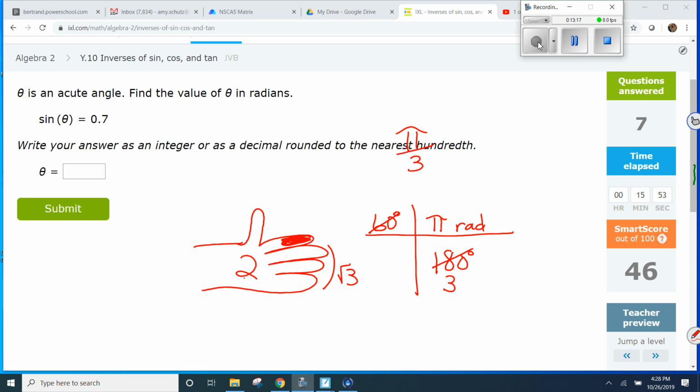Okay, looking at this one, I was just going to skip over these because I thought you don't get your calculator. But it does say as an integer or as a decimal, rounded to the nearest hundredth.